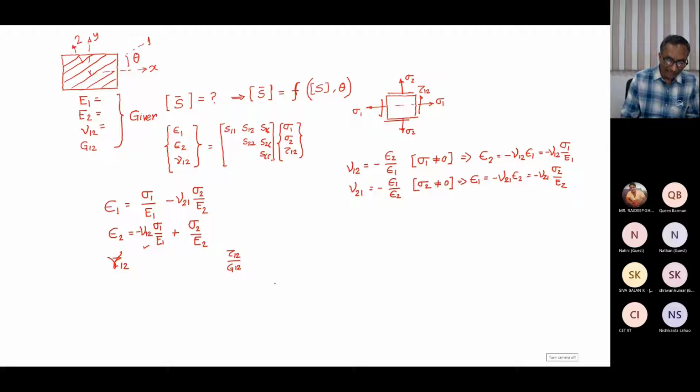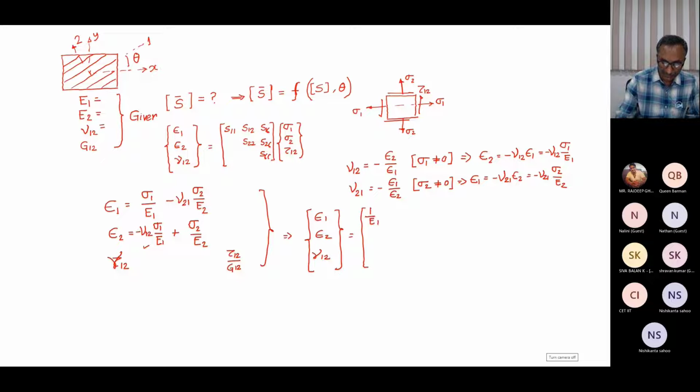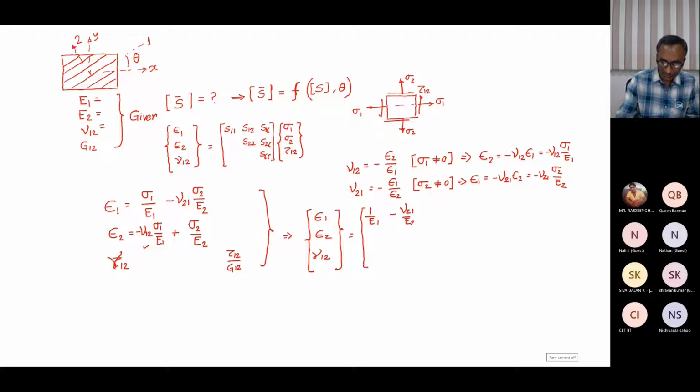Okay, so if you combine this, it gives us epsilon 1, epsilon 2, gamma 1 2 is equal to the matrix [1 by E1, minus nu 2 1 by E2, 0; minus nu 1 2 by E1, 1 by E2, 0; 0, 0, 1 by G1 2] times sigma 1, sigma 2, tau 1 2.